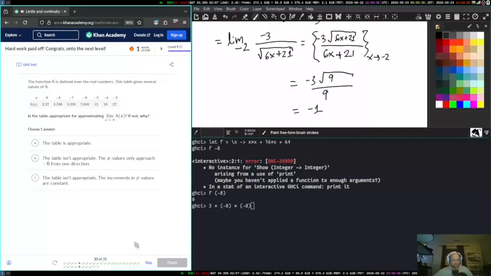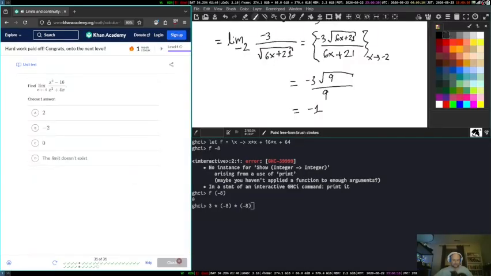Okay. Oh, I see. Not constant. It wants them to zoom in and to be non-constant. All right, last question.